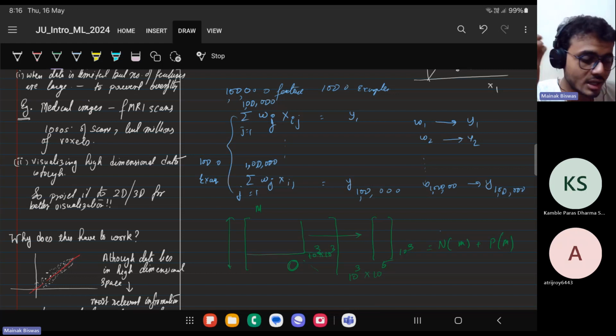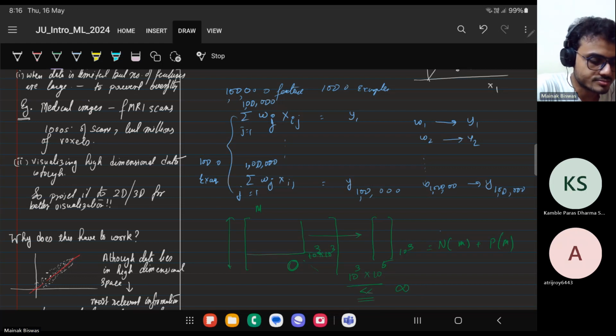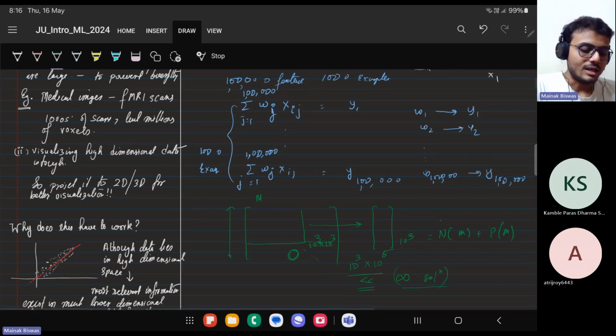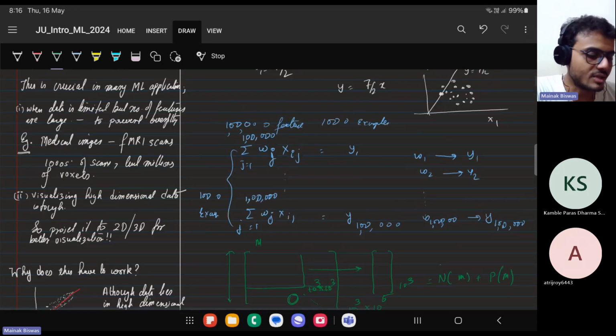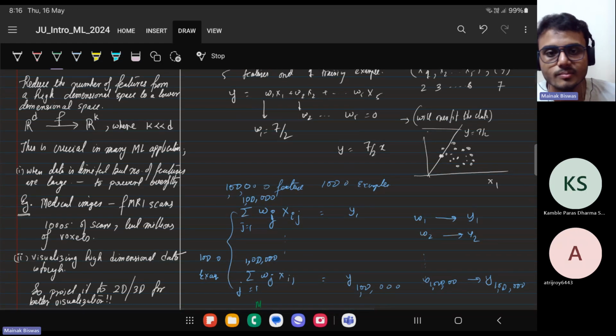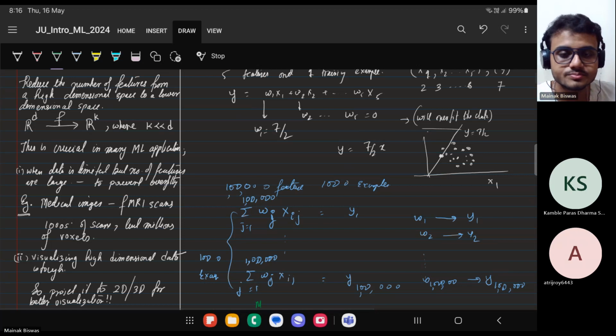This is why we are doing linear algebra in so much detail. When the number of equations is much lesser than the number of unknowns, you have infinite solutions, and most of them will be overfitting your data, right?